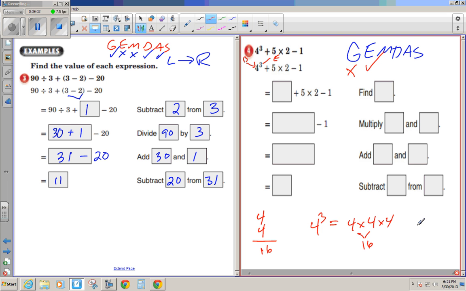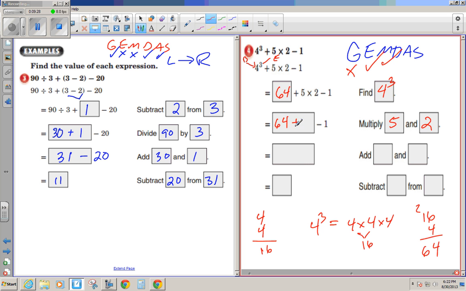And then 16 times 4. Let's see, that's 64. So once you find what 4 cubed is equal to, now we go back to order of operations. Is there any multiplying or dividing? Yes, there is multiplying. So first, multiply 5 and 2.